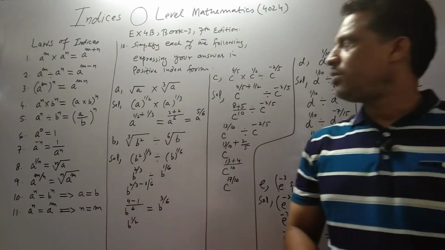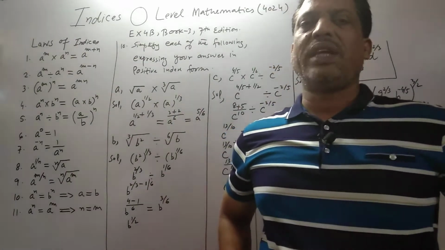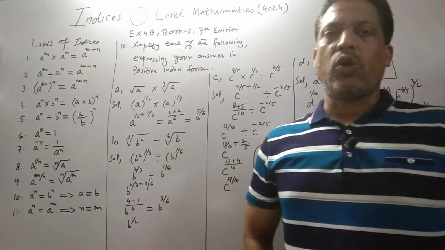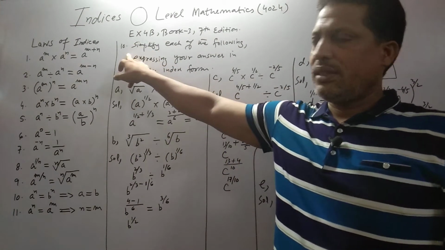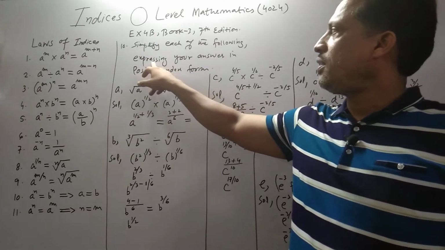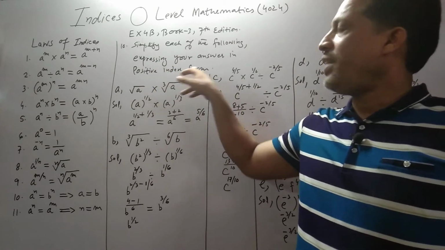And as you know, indices is a topic which always comes in paper 1, and paper 1 means where a calculator is not allowed. So question number 10: simplify each of the following, expressing your answer in positive index form.